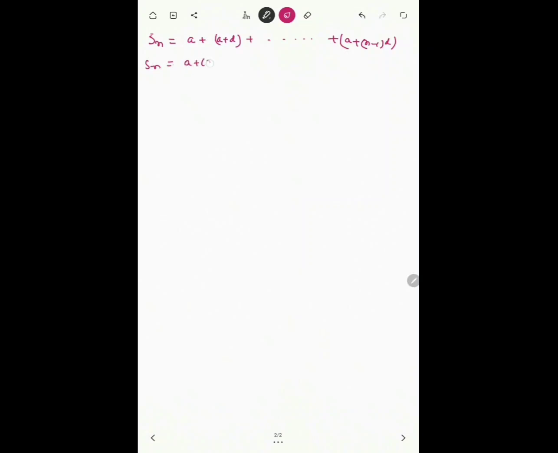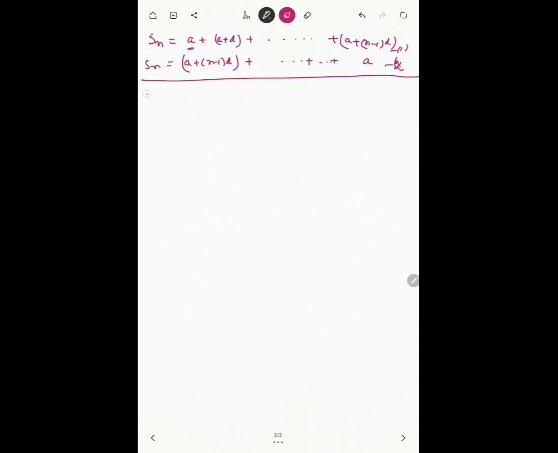A plus n minus 1 D last term, and then down to the first term A. Now if we add these two, say this is equation number 1, equation number 2, right?